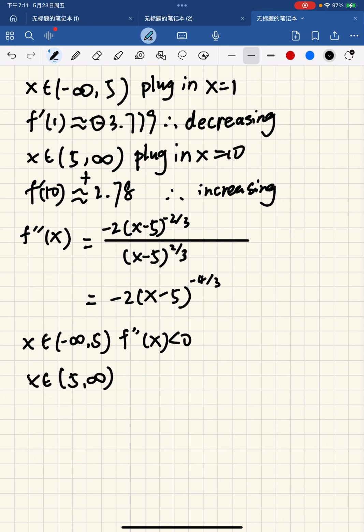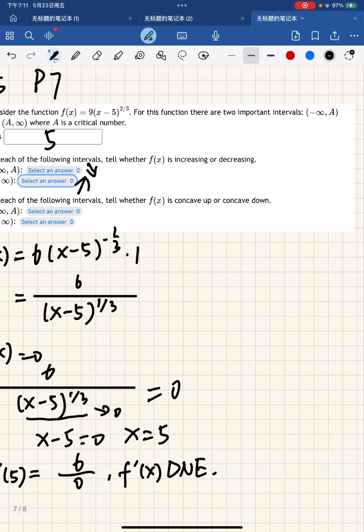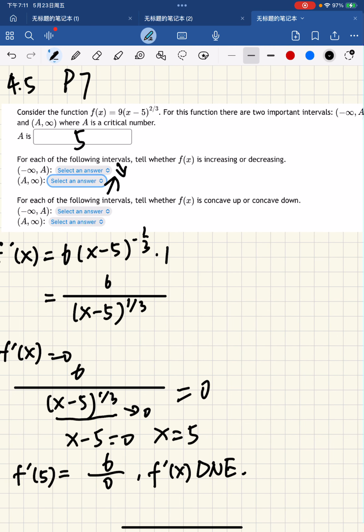When it's on another interval, f''(x) will also have a negative sign. So we can know that all of those intervals are concave down, because the second derivative is smaller than 0. So we can know that it's concave down and concave down.